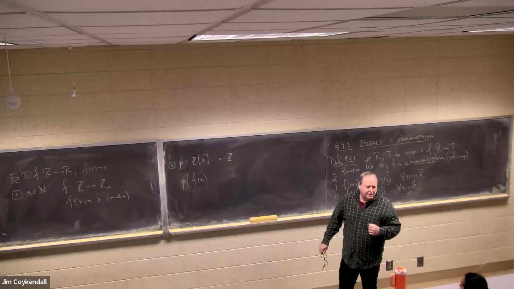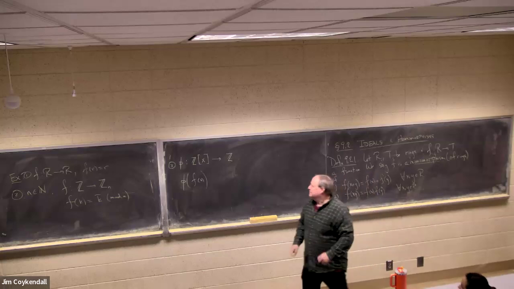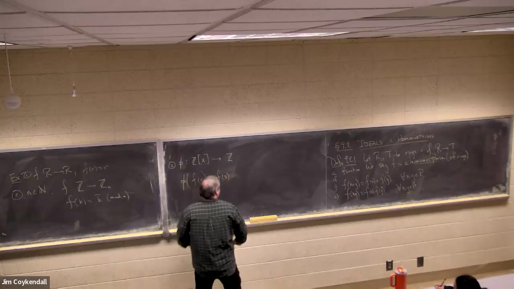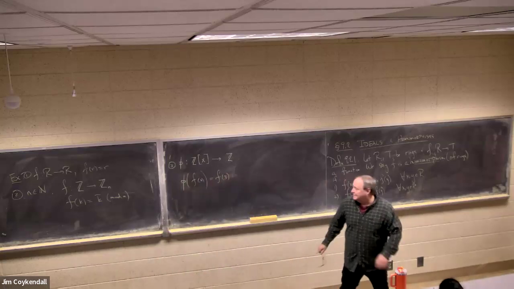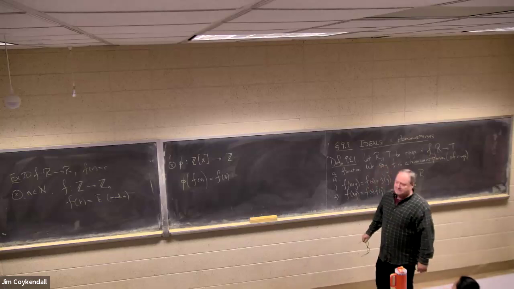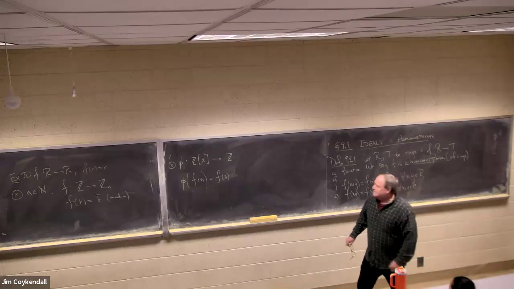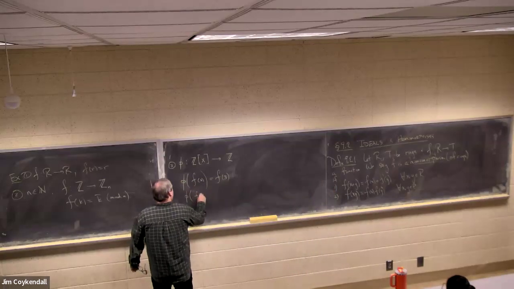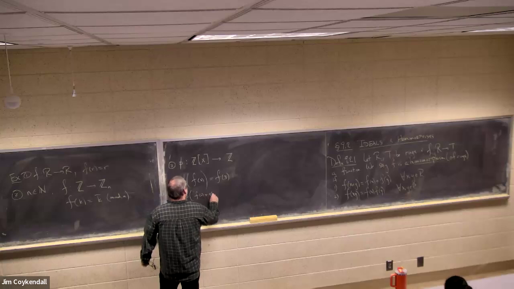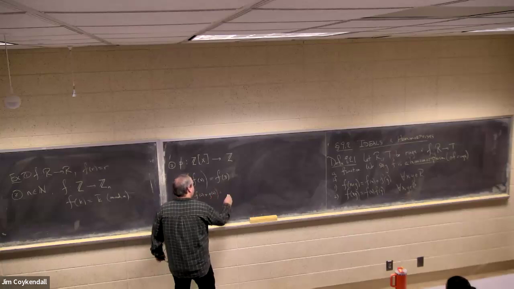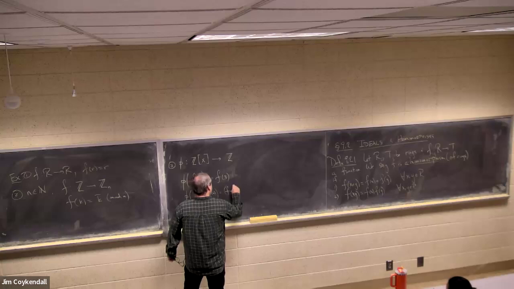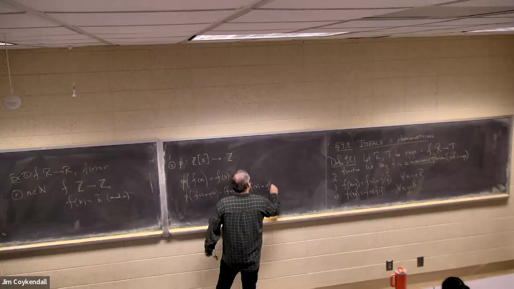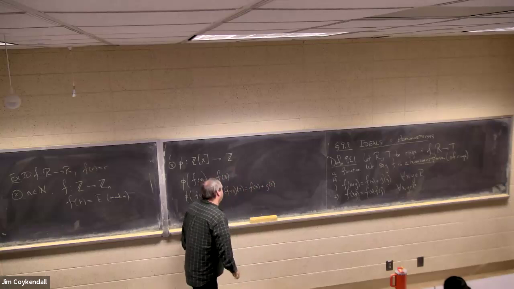Give me a number. That'll work. Because if you look at P of F plus G, this is F plus G evaluated at 3, which is F of 3 plus G of 3, which is P of F plus P of G.